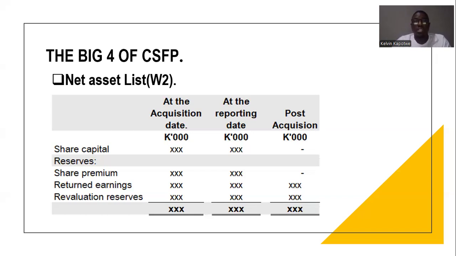So the net assets at the acquisition date is the column that you are going to use in the calculation of goodwill, okay? That is why it is very important that you understand the net asset list, you understand how to calculate it and how to interpret it, and then understand how to use it in the calculation of the next big item. Okay.